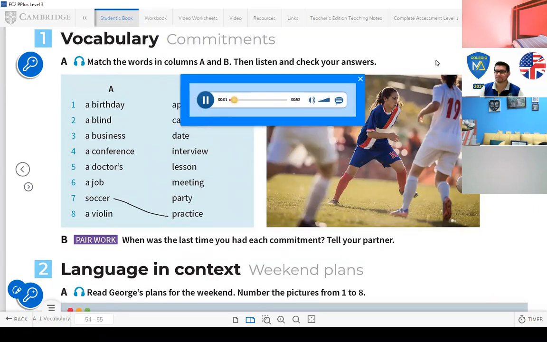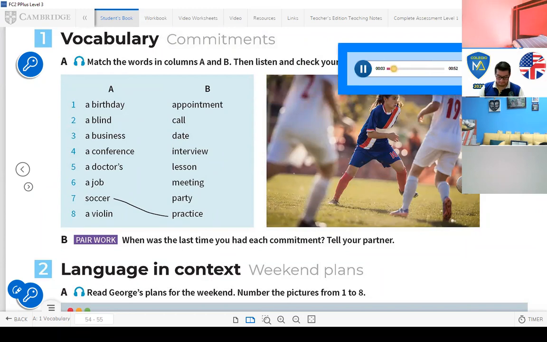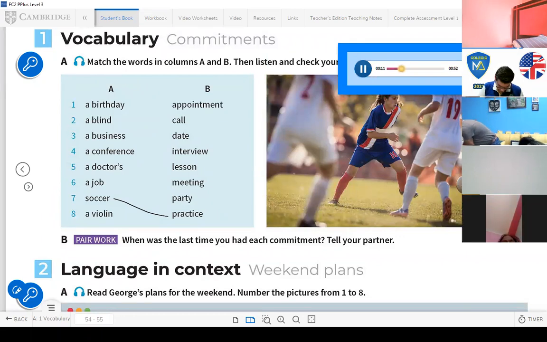Unit 6, Organizing Your Time. Lesson A, A Busy Week. Page 54. Exercise 1. Vocabulary.